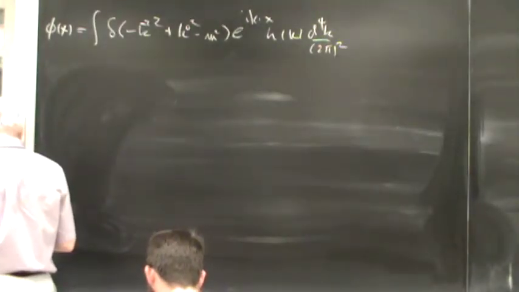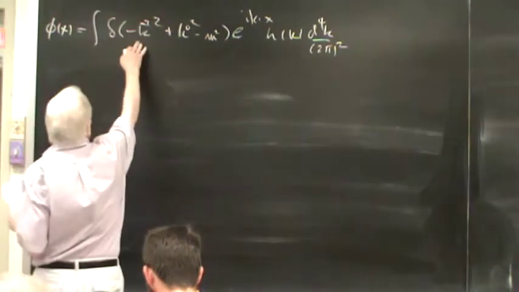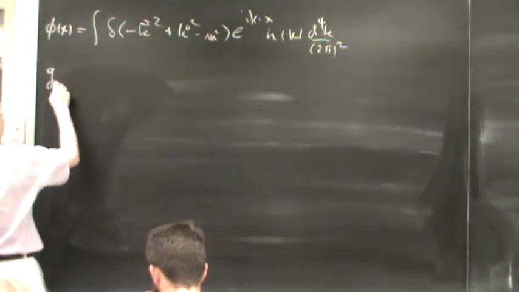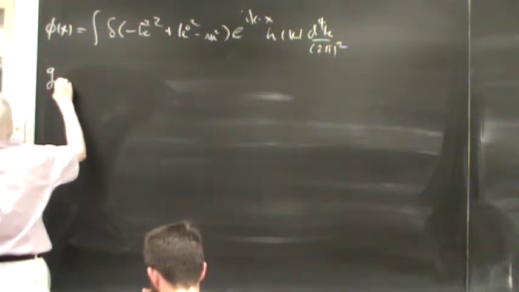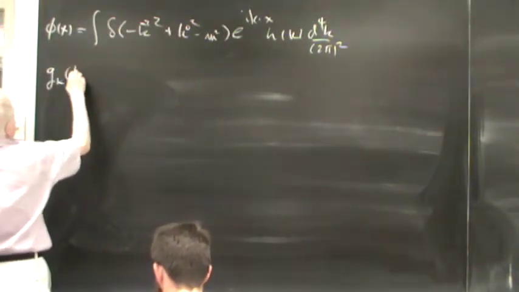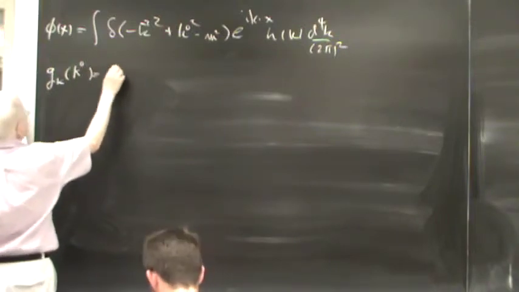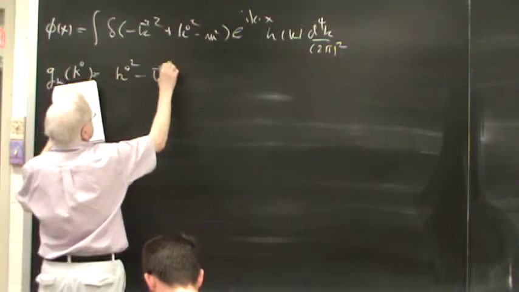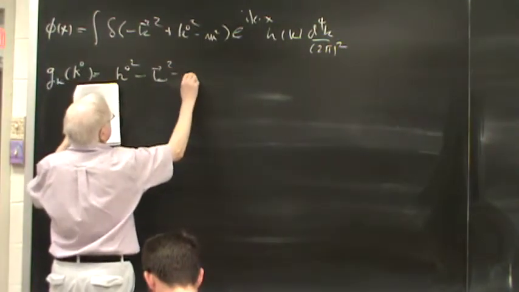That's how we get the most general solution of the homogeneous equation, which of course is the equation we have. First of all, we have to deal with this delta function. The delta function is a function g of k, and we can think of it as g of k0. This is k0 squared minus k vector squared minus m squared.